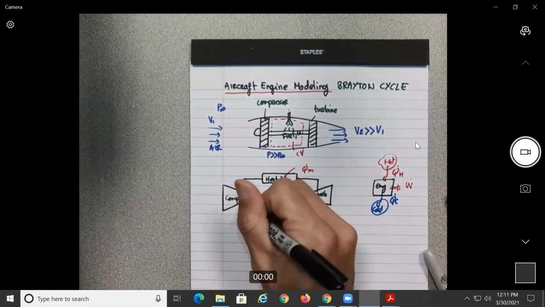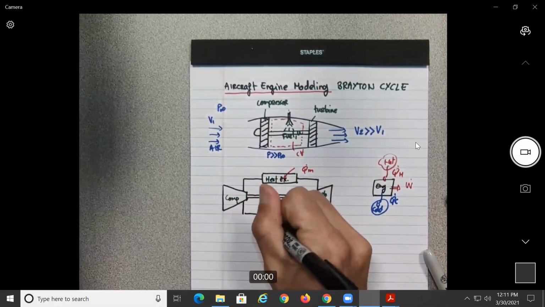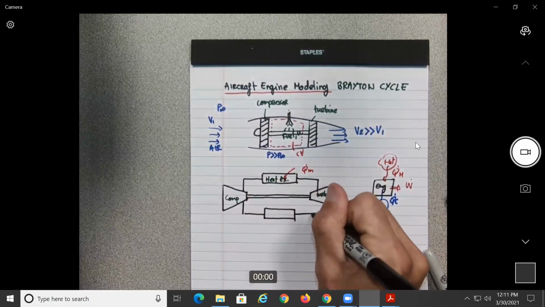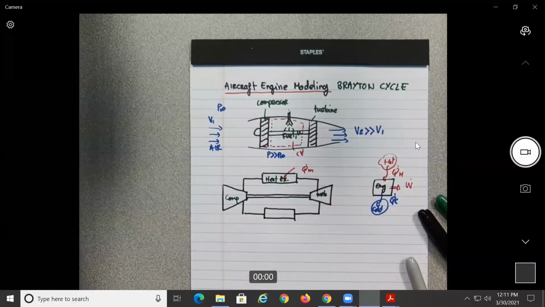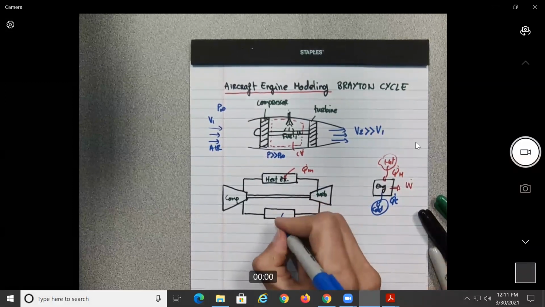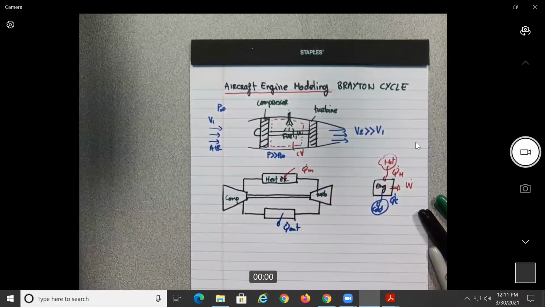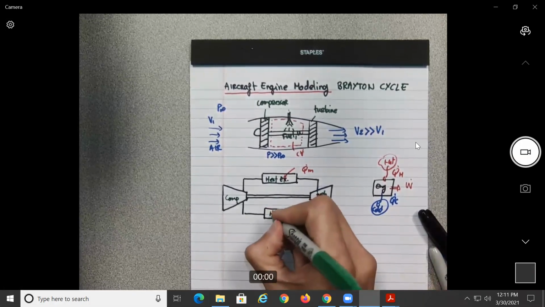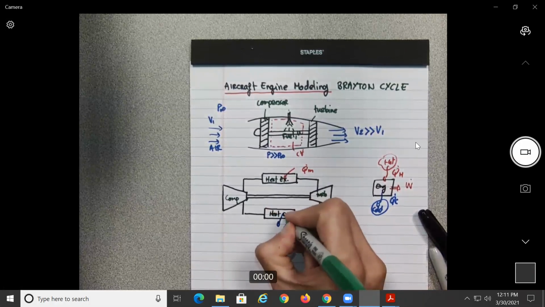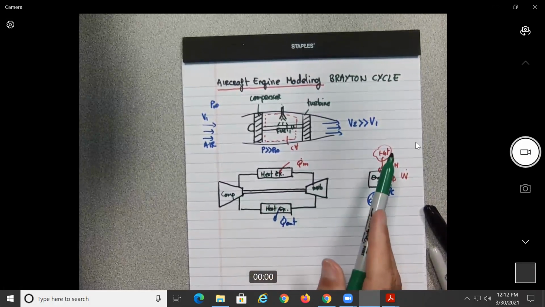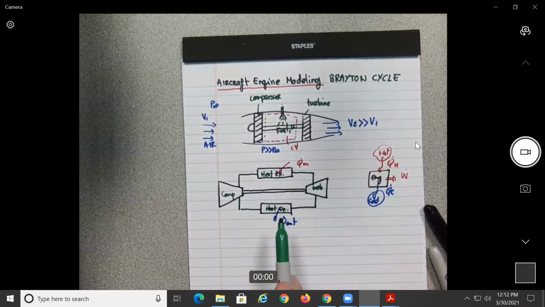And here you have Q cold, so Q out, and this will be another heat exchanger. So you see here, the engine will be these two over here combined. And then you have the hot reservoir over here and the cold reservoir down here, okay?